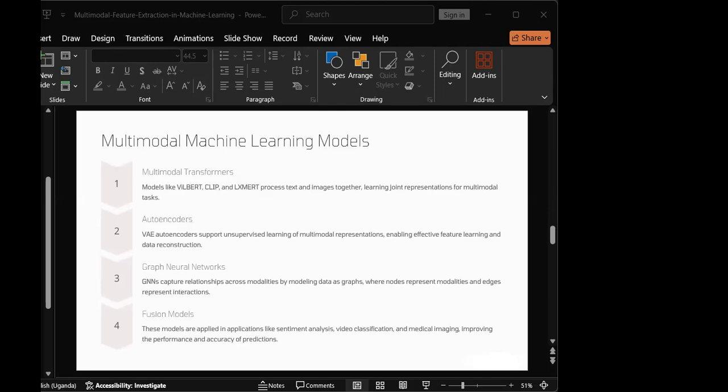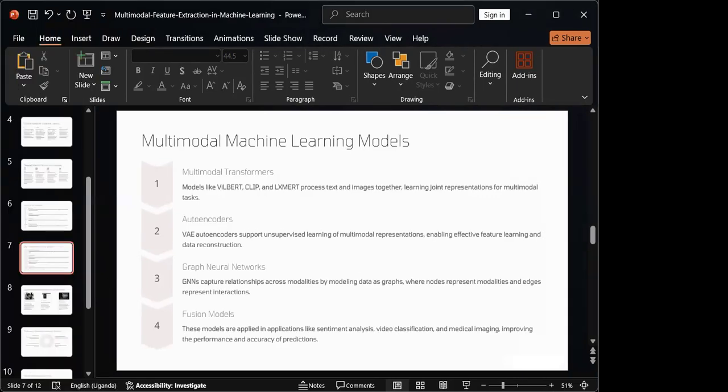We have what we call the fusion models. The fusion models are applied in applications like sentiment analysis. Now, in sentiment analysis, we are dealing with cases like emotion, sensitive cases, maybe how the person feels, how they relate to certain environments, how they react to certain videos.